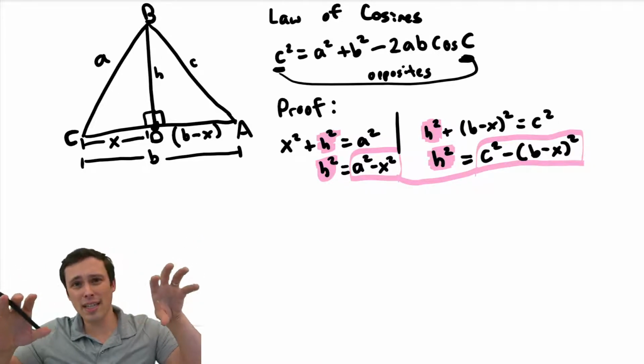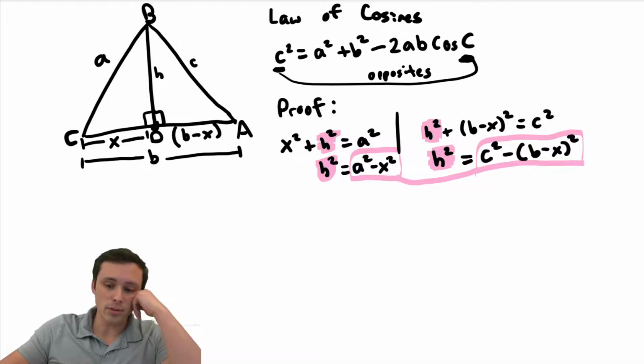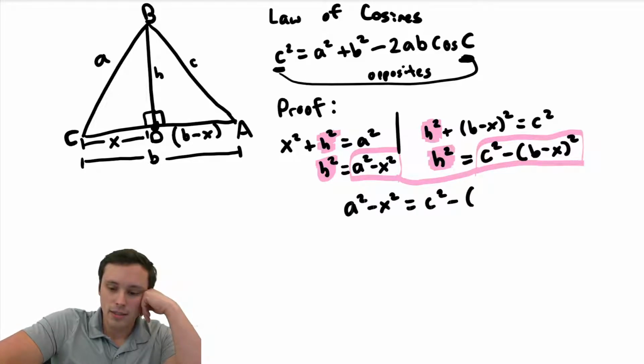You could also just think of that as substitution, substituting something into one side that is equal to h squared. There's lots of ways of thinking about that, but the point is we can now combine these two formulas as a squared minus x squared equals c squared minus b minus x squared.